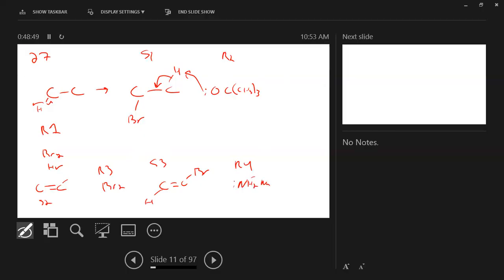Negative. So what's going to happen is this. Another elimination. And finally, we're left with the acetylene. And obviously, there'd be a hydrogen on each side.